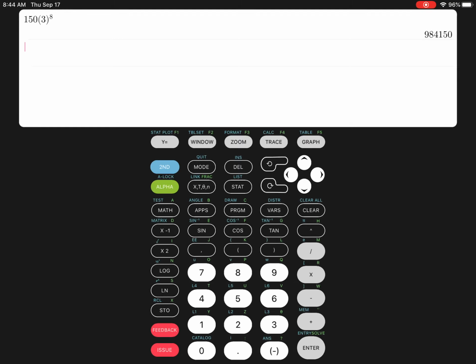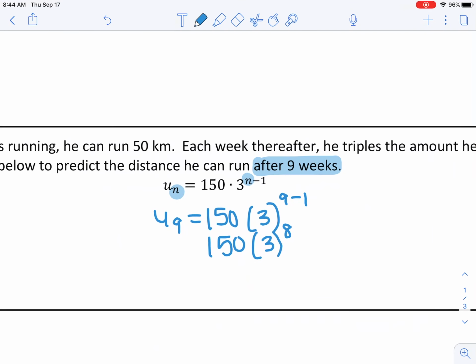Again, if I were to do this, I press 150, parentheses are above the 8 and 9, and then the caret or exponent is below the clear button, and enter. 984,150. So I'm going to write that in. 984,150. And that was u sub 9.